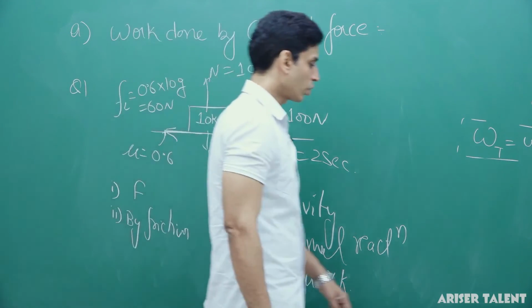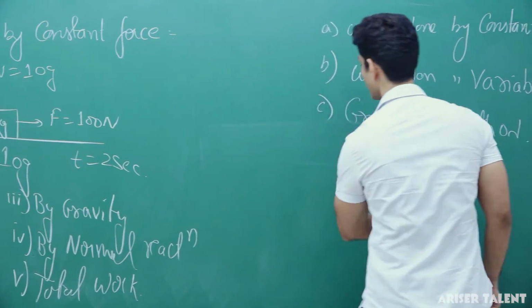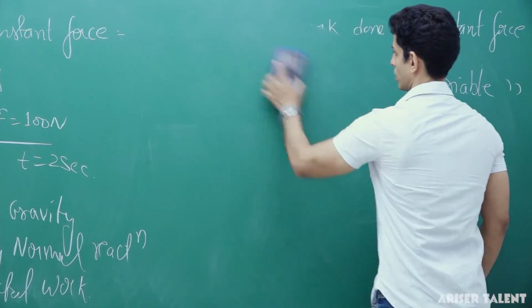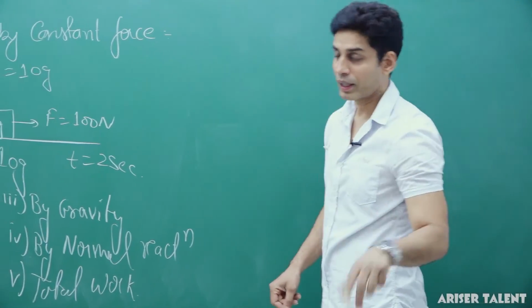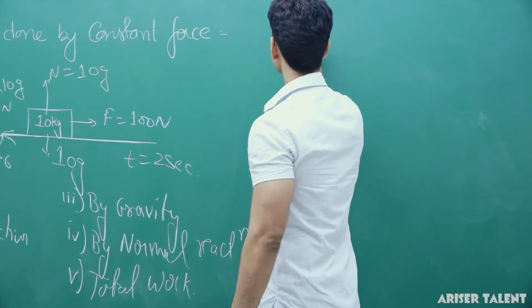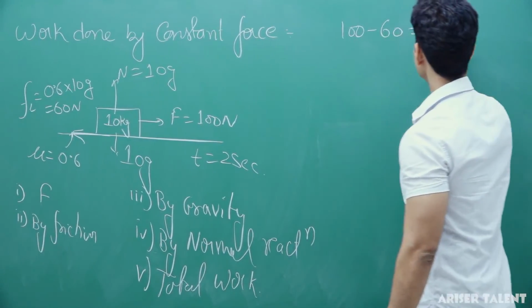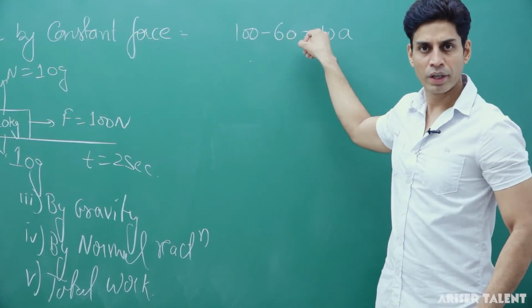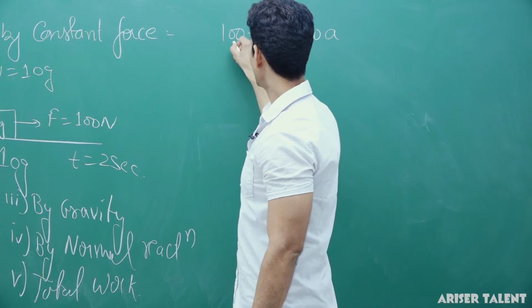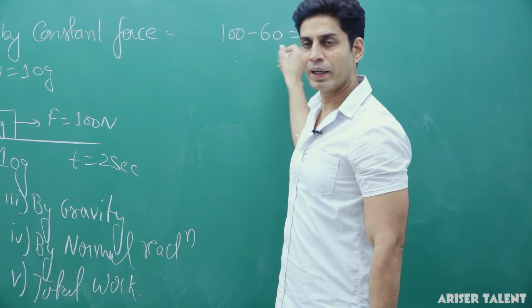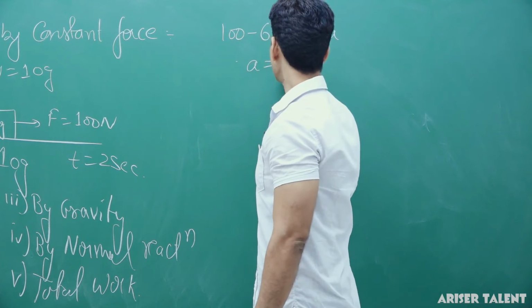So the net force in the direction of motion is 100 minus 60 is equal to 10a. Net force equals mass into acceleration. So 100 minus 60 is 40, 40 equals 10a. So a comes out to be 4 meter per second square.